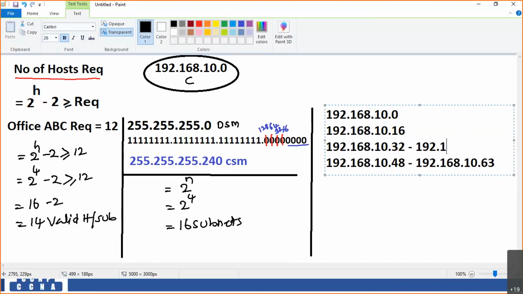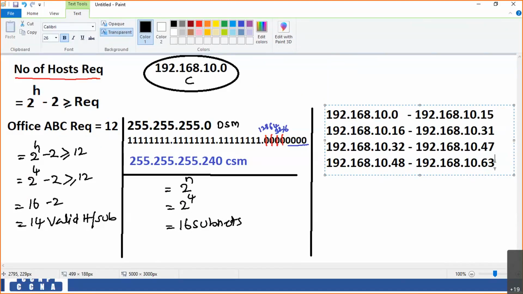So the broadcast IDs are 192.168.10.47, 192.168.10.31, and 192.168.10.15.